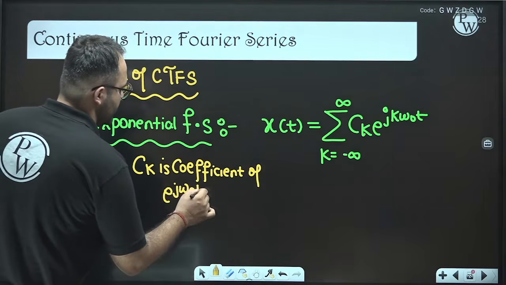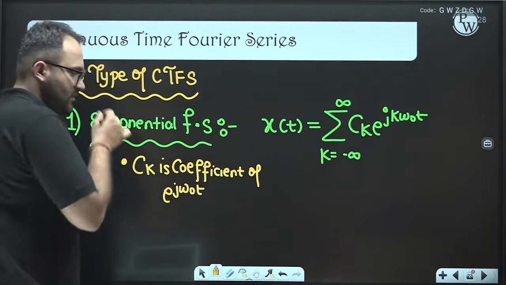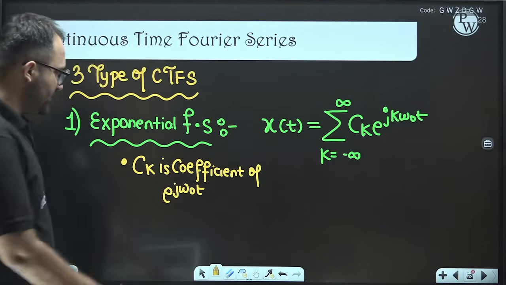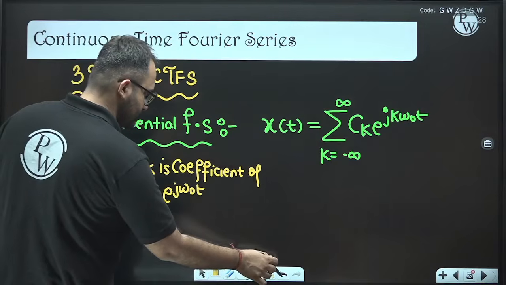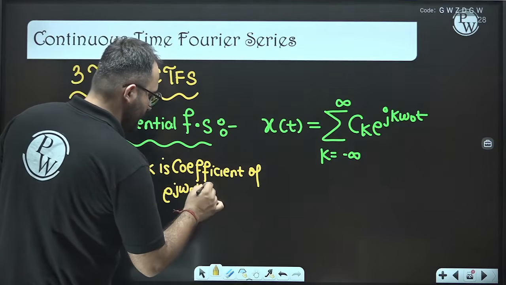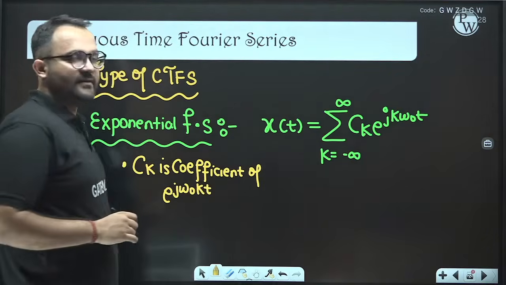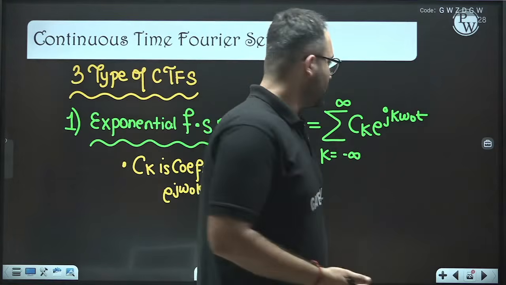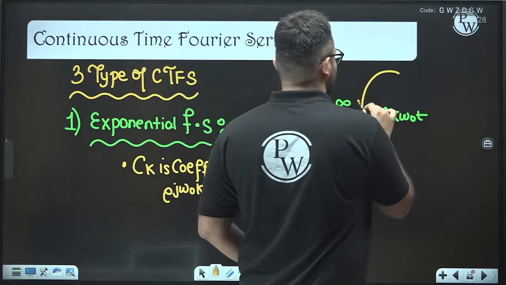e to power j omega naught k t. c_k is called the exponential Fourier series coefficient of a signal.